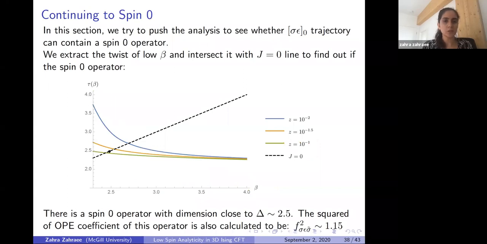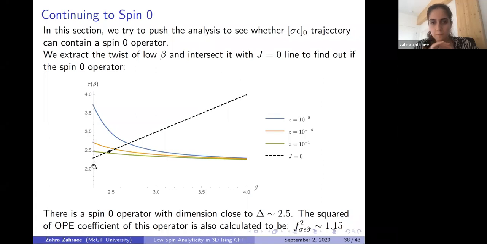Lastly, we can continue to spin 0. In this trajectory as well, we can push our analysis to spin 0. Here we look at tau beta, similar to what we did for the intercept. We look at it for various values of z to show how stable we are.